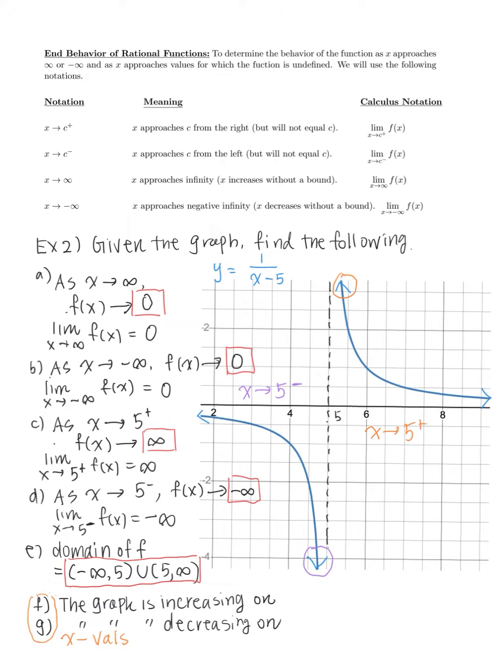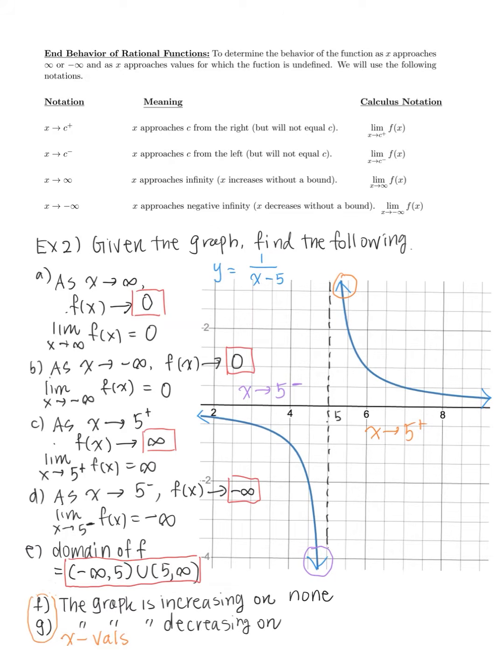And then let's take a look at the other side of the vertical asymptote. If I look at the graph from left to right, is it increasing? Remember, you've got to look at it from left to right. So in this case, no, this guy is decreasing from here. So the answer to this is the graph is increasing on nowhere. So I'm just going to put none.